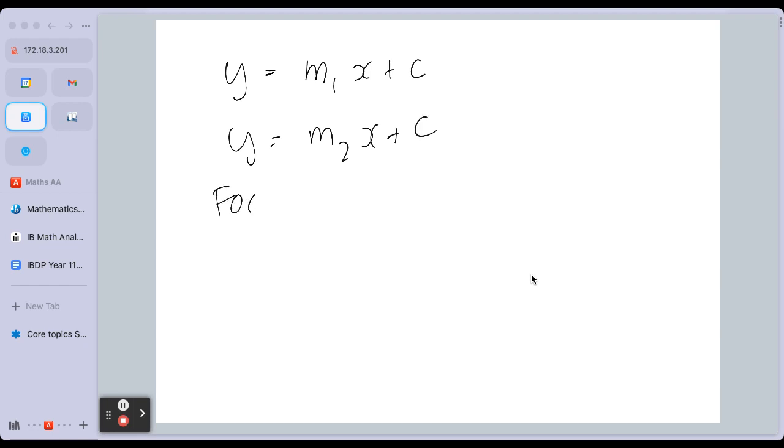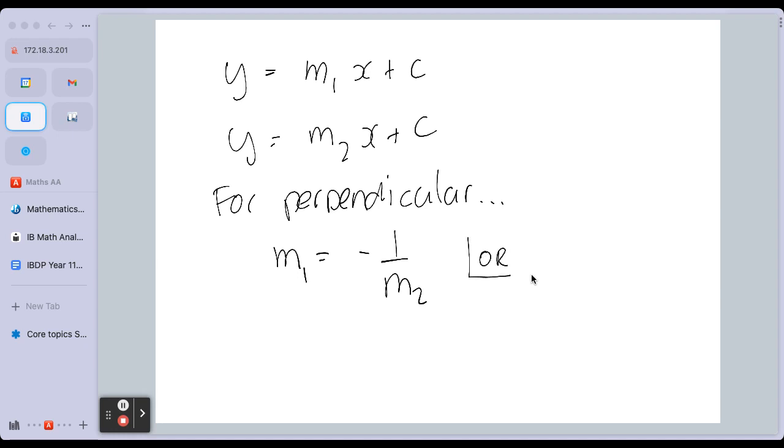For perpendicular, m1 equals -1 on m2. That's how I tend to remember it, to be honest. Or the alternative way of looking at it is saying that m1 multiplied by m2 is equal to -1. So either of those ways are legit ways of looking at it.